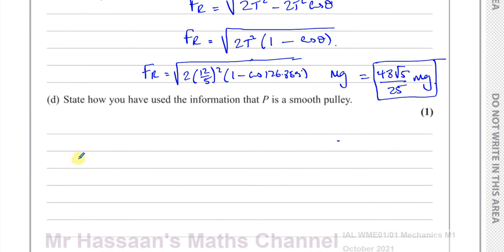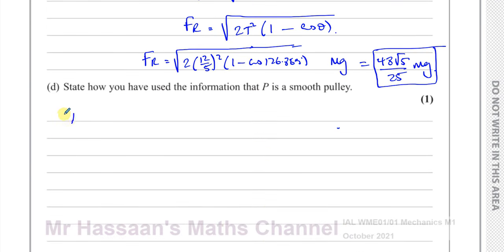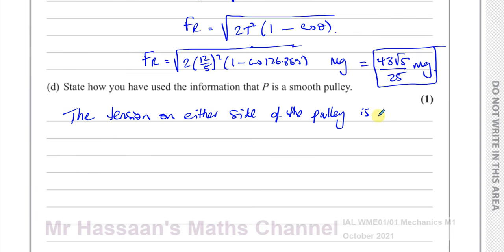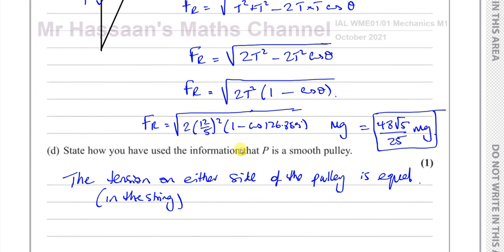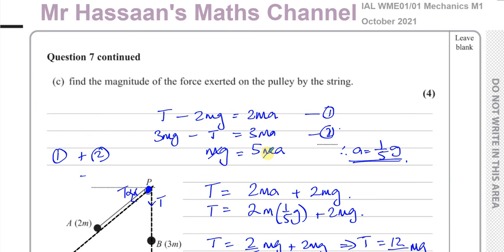So if you make a statement like that, the tension in the string on either side of the pulley is equal, that's enough for the mark there, and that concludes this question, which is all about connected particles.